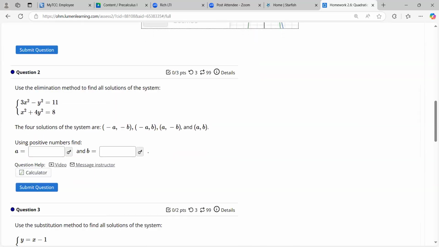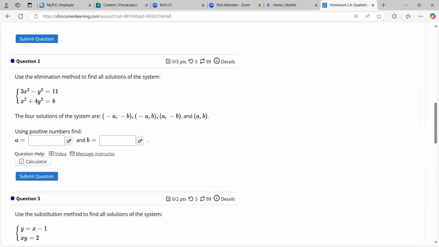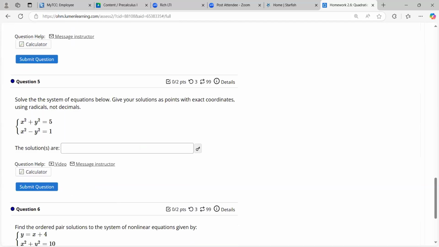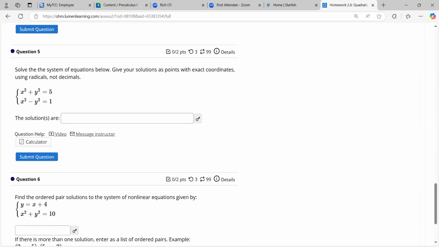Let's try this one. This one is actually the same as our example. Let's try a different one. This is a circle and a straight line. Now let's try this one. This is a circle and a hyperbola. Okay, let's use a calculator.